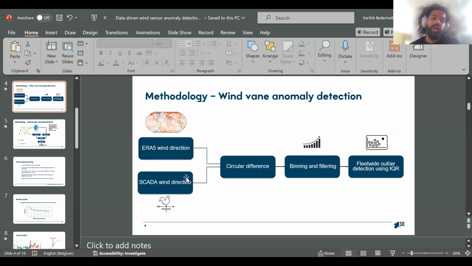We aggregate, so we use hourly wind direction and try to use the same timestamps for ERA5 and SCADA. It's a weekly or two-weekly evolution of the changes we see. It's not that every 10 minutes or every hour we calculate the change. Instead it's the circular difference, and when we're doing the binning and filtering, we accumulate about 2 weeks of hourly data to see if there are changes. So it's not 10 minutes or 1 hour.